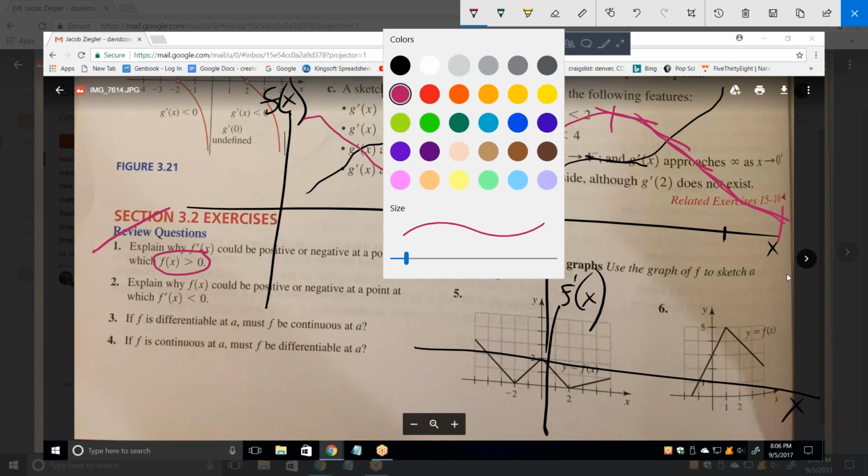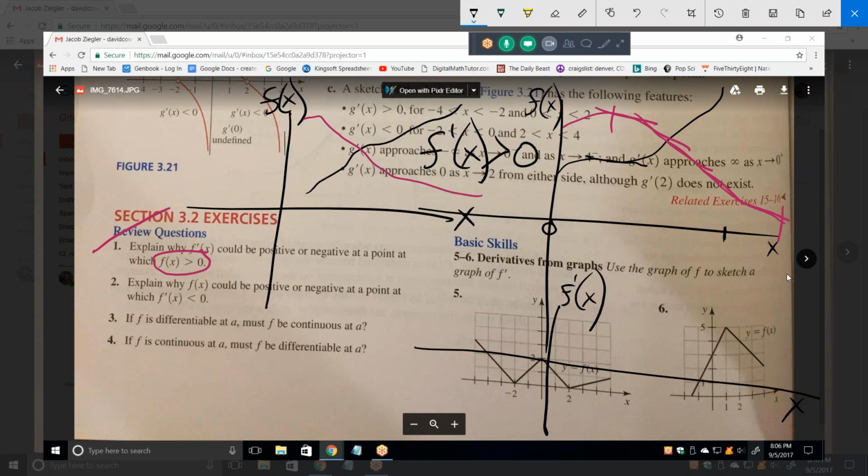Now, if I want to answer question number 2, explain why f of x could be positive or negative at a point at which the derivative is less than 0. So I'm going to draw a line like that. What's the slope? Positive. And the derivative? Hold on. Let's start.